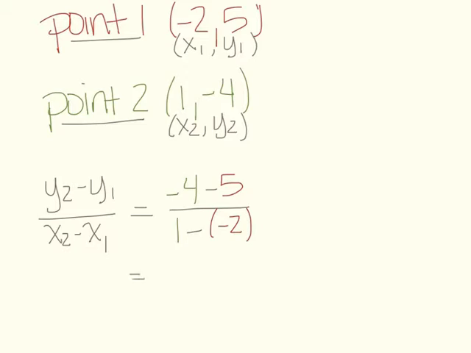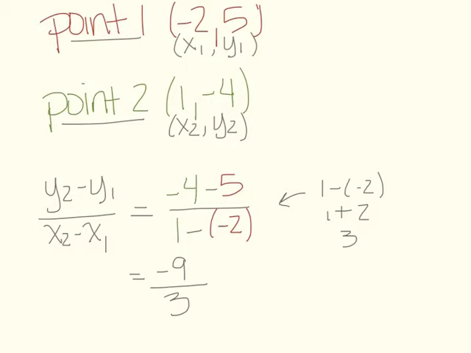So we have a negative 4 minus 5, which is negative 9, over 1 minus a negative 2. So let's just take a little side note right here. And remember that 1 minus a negative 2 means a negative times a negative, which is a positive. So 1 plus 2 is really 3. So right here we have 1 plus 2, which is 3.